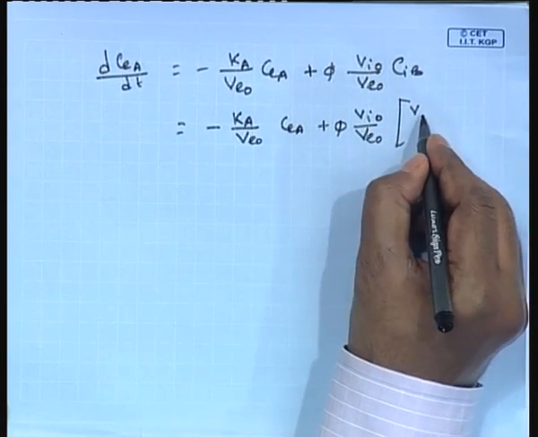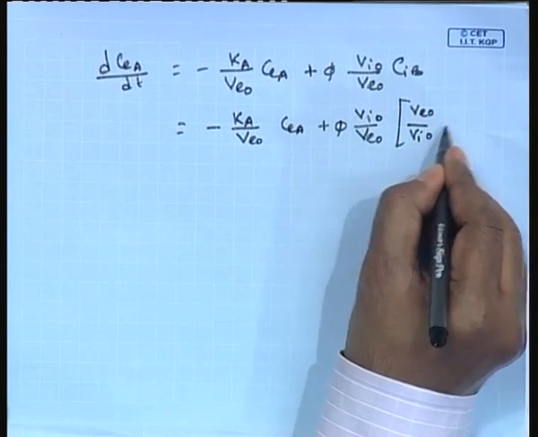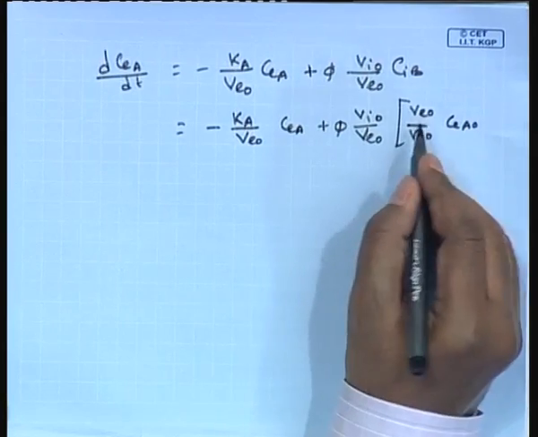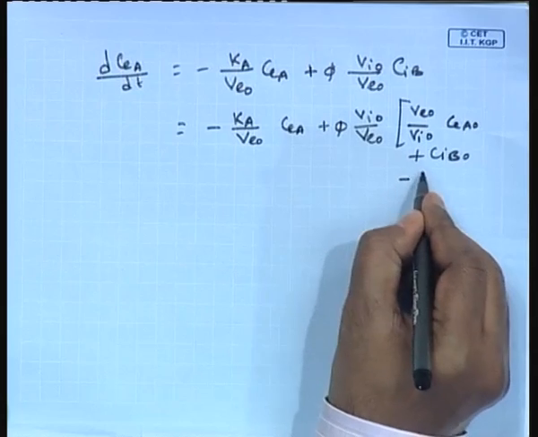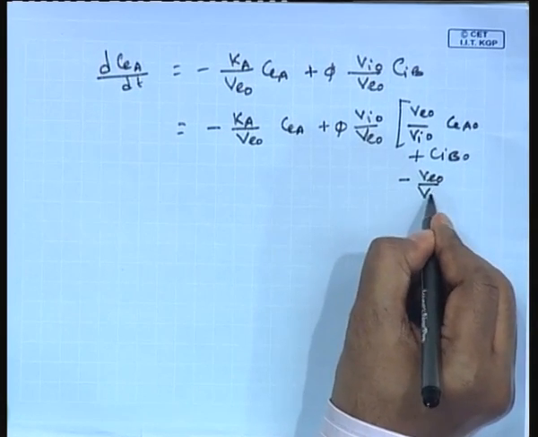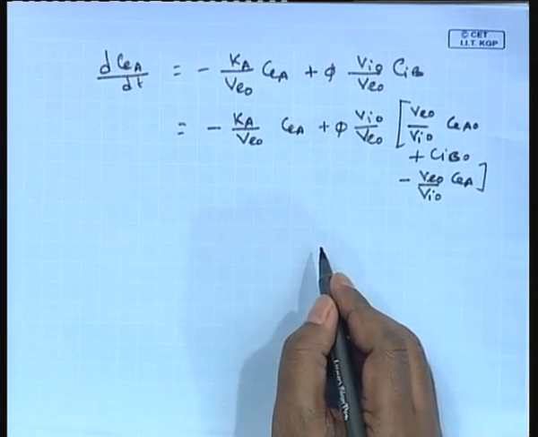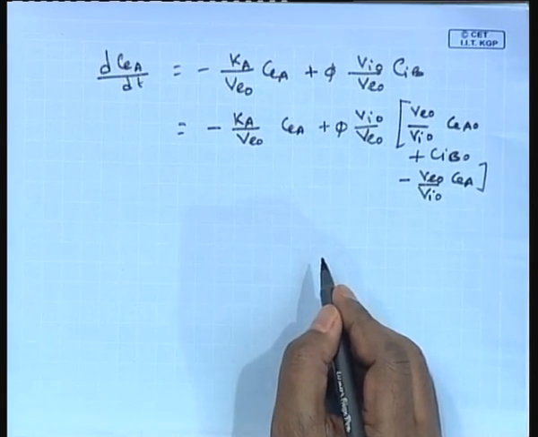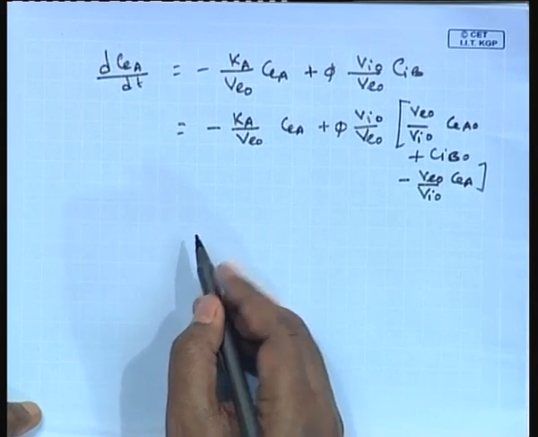Just substitute the expression of CIB, (VE naught divided by VI naught) CEA naught plus CIB naught minus (VE naught divided by VI naught) CEA. Okay. So, finally, you will be getting this expression.